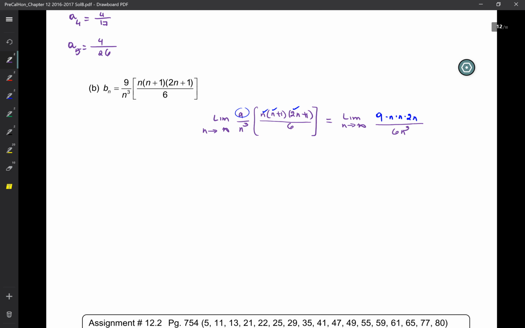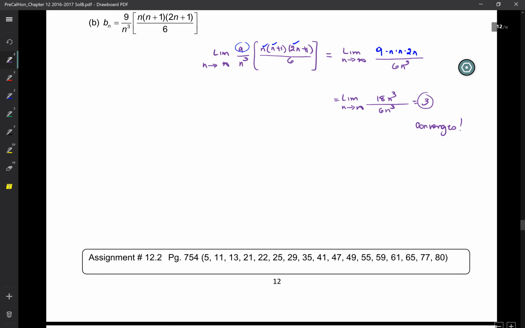And if we were to multiply it out, the first terms would give us those. All right? So this is the limit as n approaches infinity of 18n cubed over 6n cubed, which is just what? 3. So does this converge? It converges because it goes to 3. Okay? All right, so that's homework.